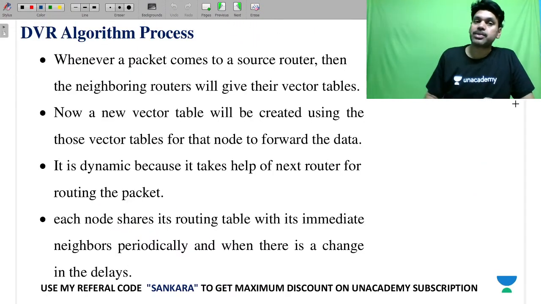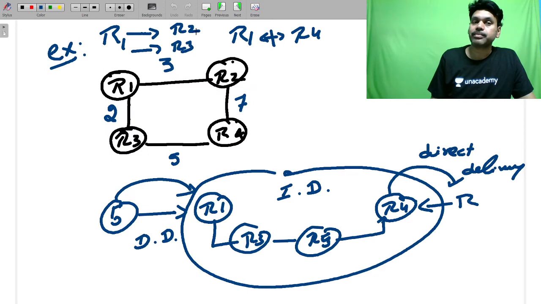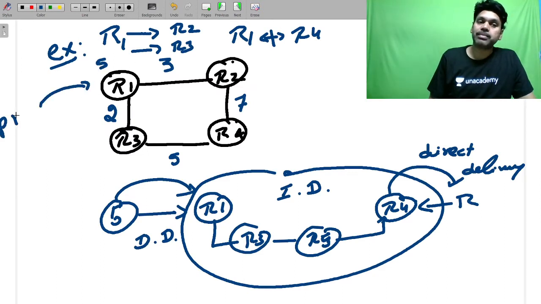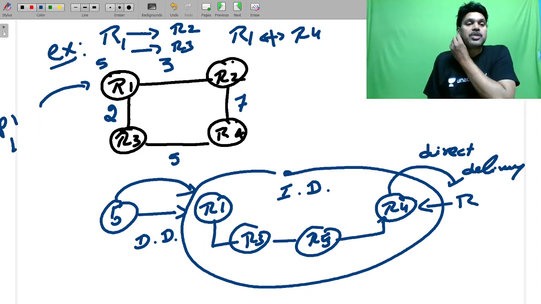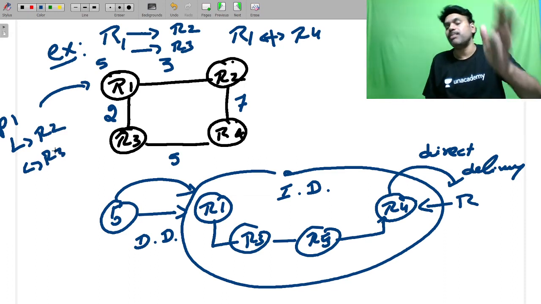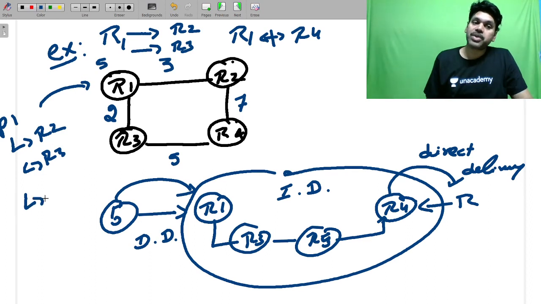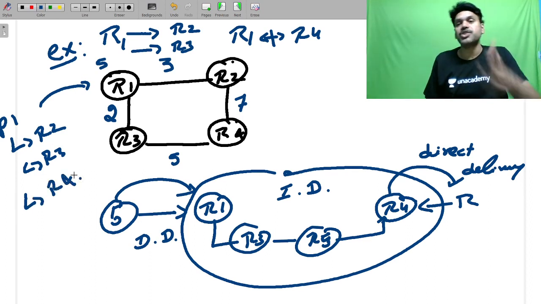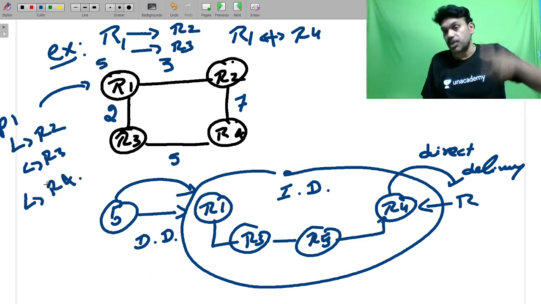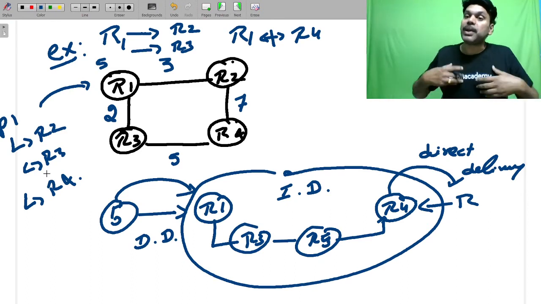So what is the process? Whenever a packet comes to a source router, please understand. For example, this is the source. Packet 1 has come. I want to transmit this packet 1 to router 2 and router 3. Simple, because they are my neighbors, I just push it to them. But I also want to transmit my packet to R4, then it's not possible. So now you want to find what is the value to R4. I am depending on my neighbors.